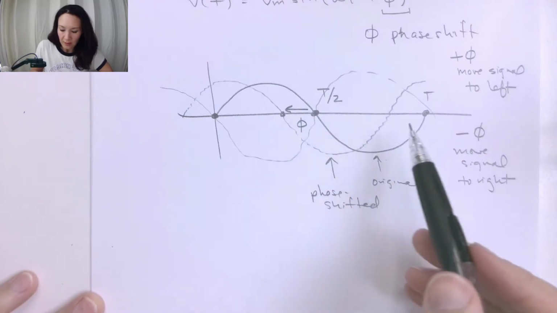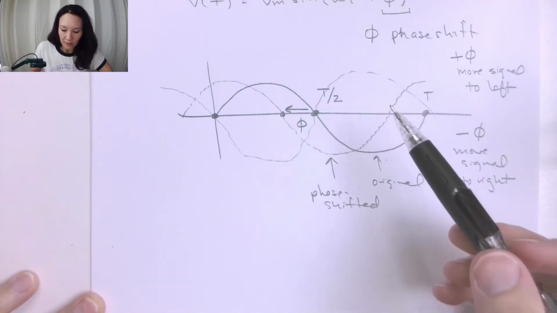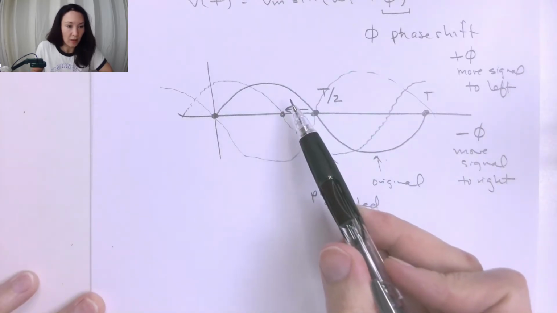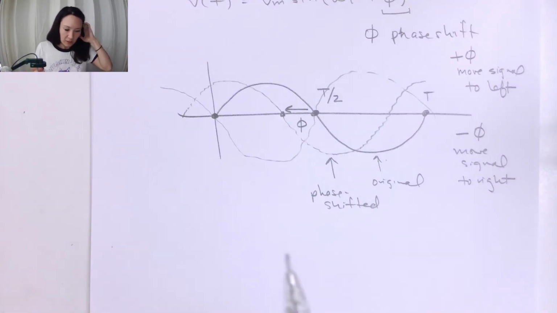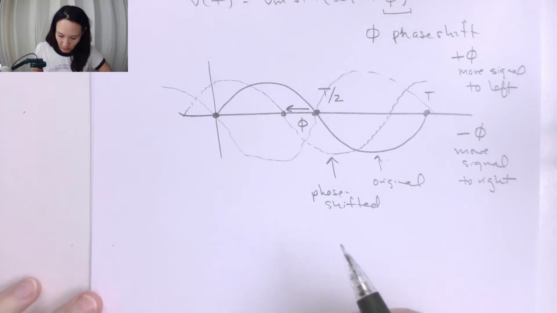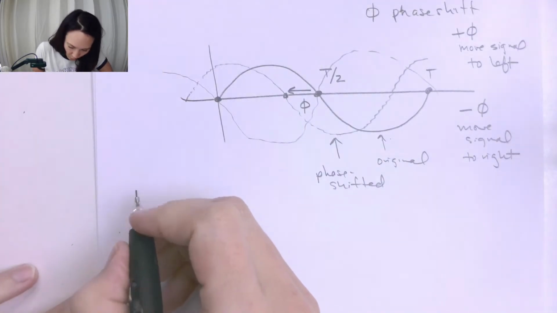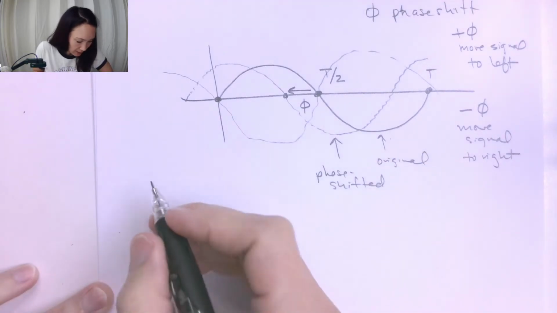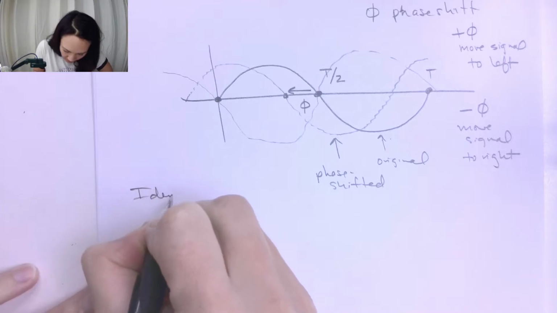The other thing is if we shift it by an entire period, then our signal is just going to land directly on where it was originally. So if we phase shift enough from our starting point, we can actually come up with some identities for where our graph is going to land relative to where it started. So these are the identities.